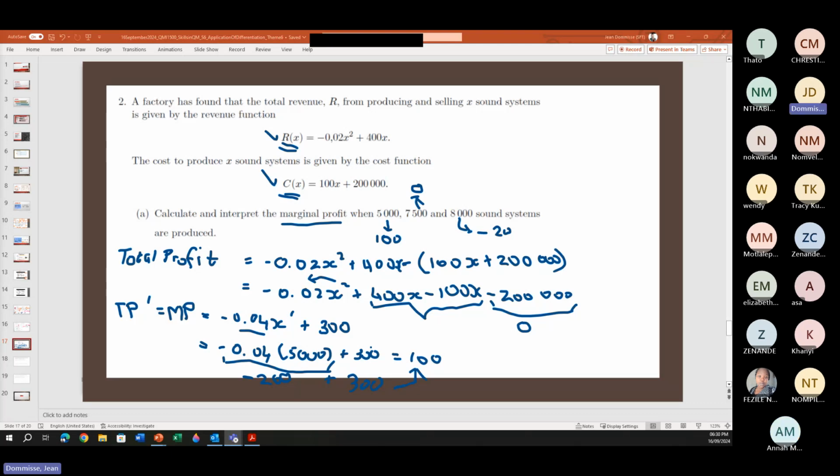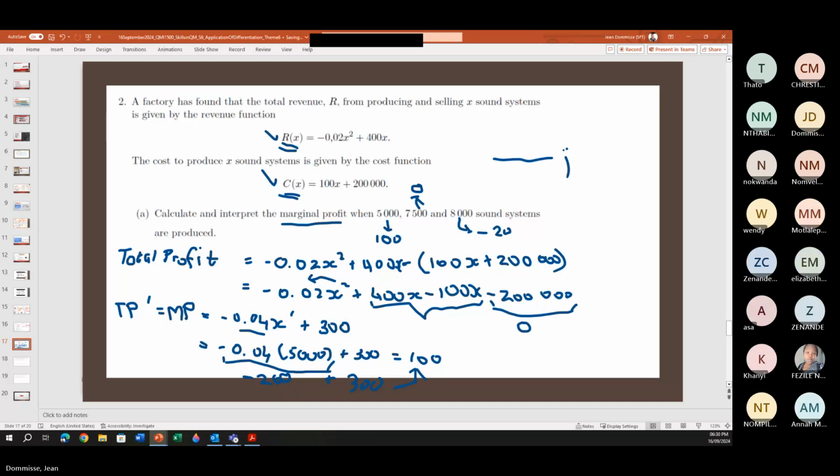So they can just ask you, work out what is your first derivative or work out the differentiation. And they might have it as, here's your formula, and when Q is equal to 5,000, your marginal profit might be 100 or something like that.